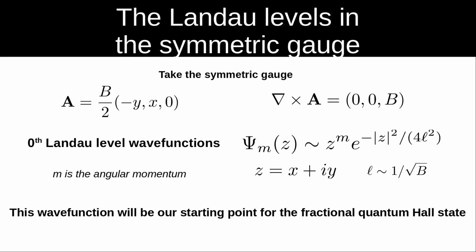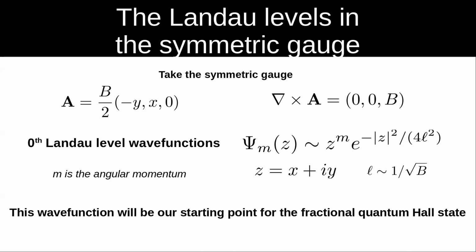So now what we can do is to work in a very specific gauge. Let us take the symmetric gauge, which is the gauge that has dependence both in the x and y directions. If you have dependence both in the x and y directions, you are retaining some rotational symmetry in your Hamiltonian.